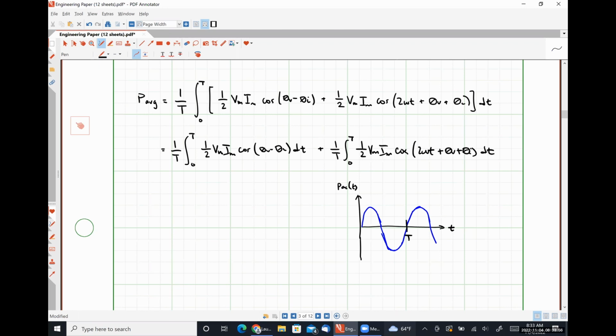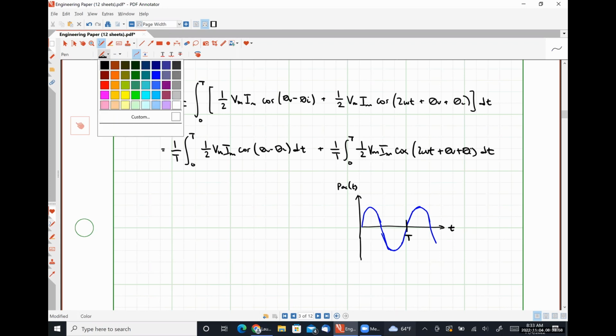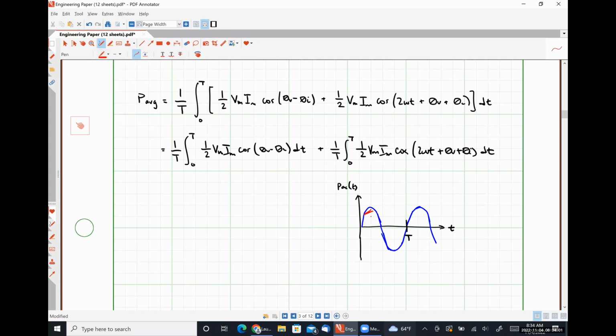One cycle of our power waveform. I integrate over one period. What do I get? 0, because exactly half of the time it's above 0 and exactly half of the time it's below 0. So this whole thing right here goes to 0. Anytime we integrate a sinusoid over an integer number of periods, the answer will always be 0.